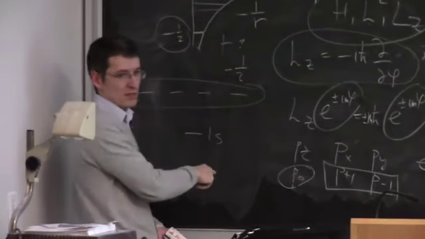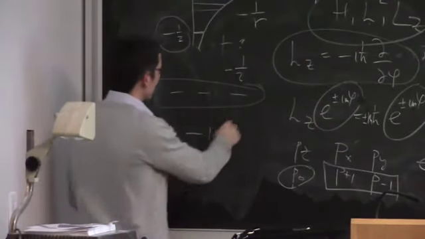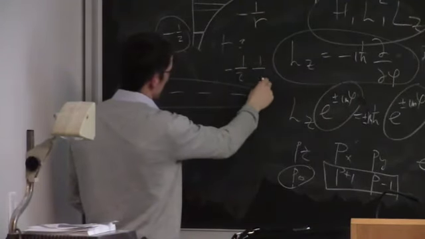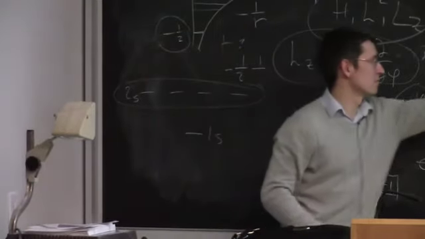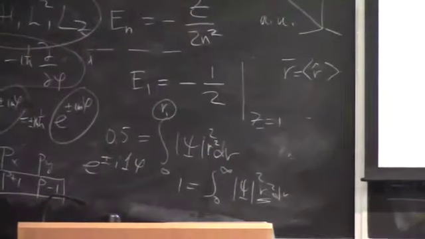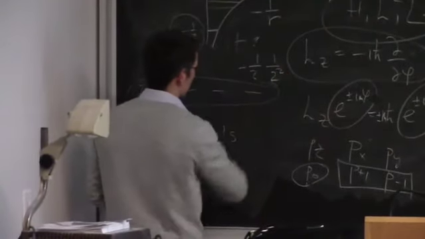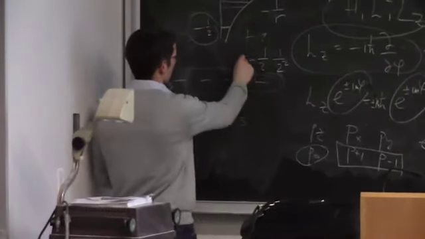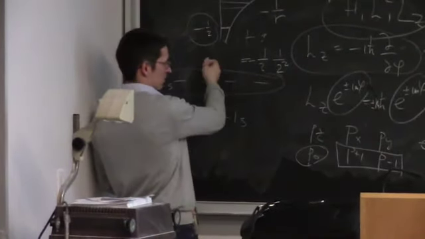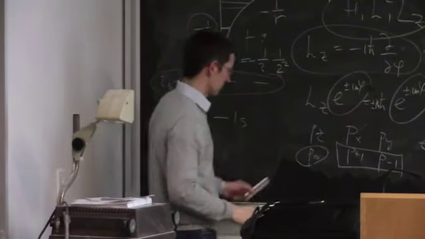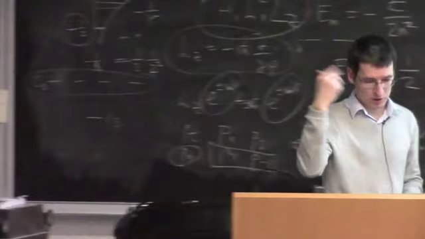What about 1s then? It's minus 1 over 2 divided by n squared. So n for 2s is 2, so 2 squared. Right? So overall, this energy becomes minus 1/8. And you can mix them all.